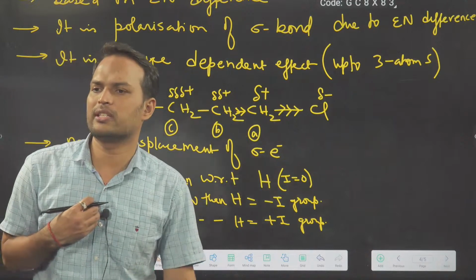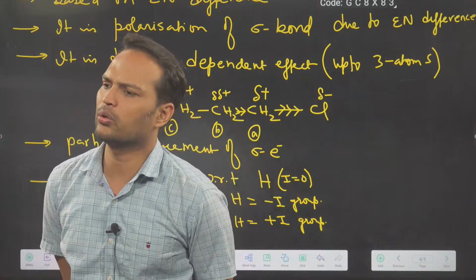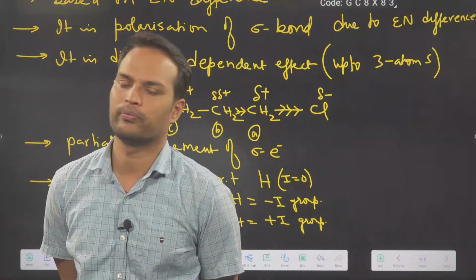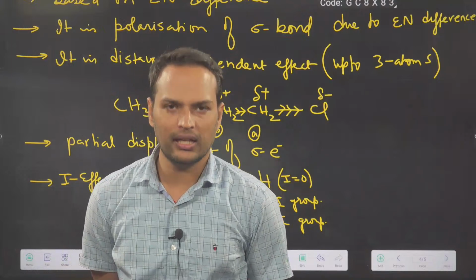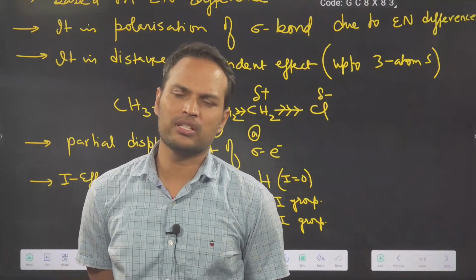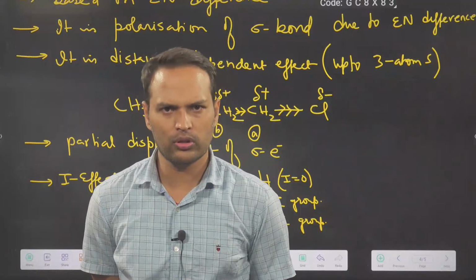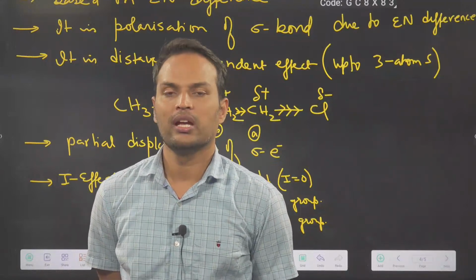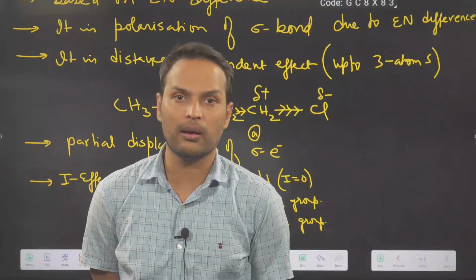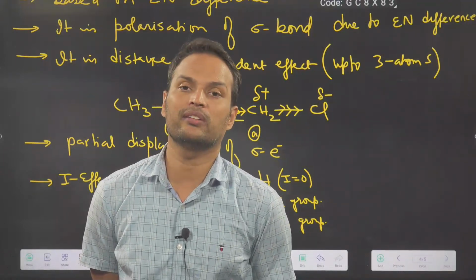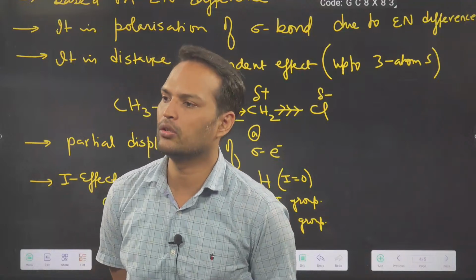We are saying hydrogen is taken as a reference, with inductive effect 0. Any atom like chlorine, bromine and all, if they are more electronegative than hydrogen, then it is a minus I group. If any is less electronegative than hydrogen, like lithium, sodium and all, then they are plus I group.